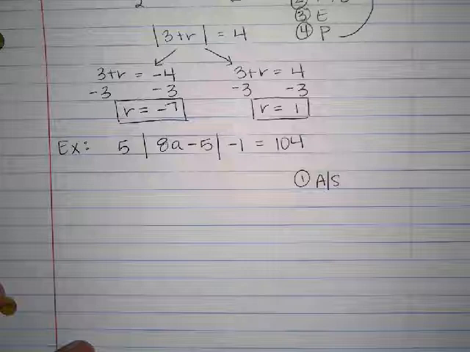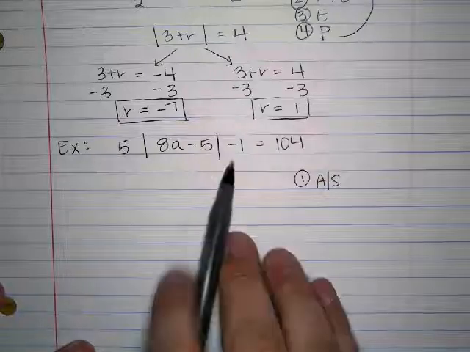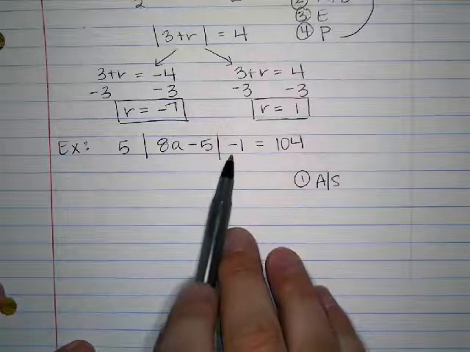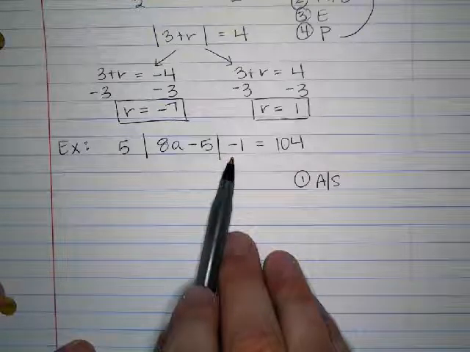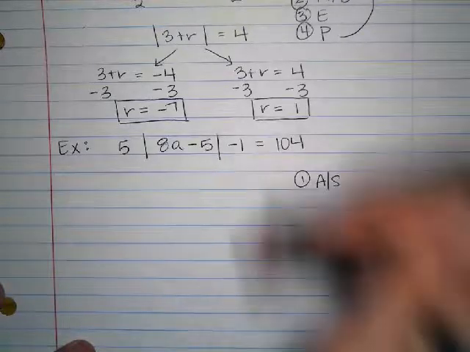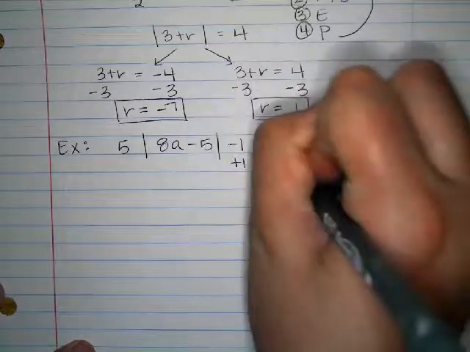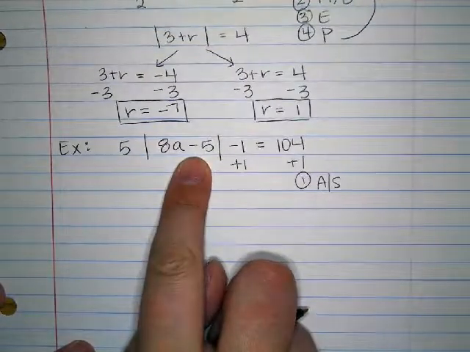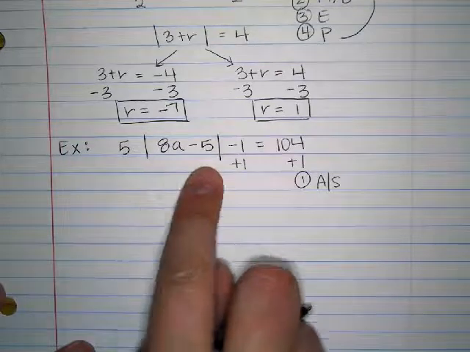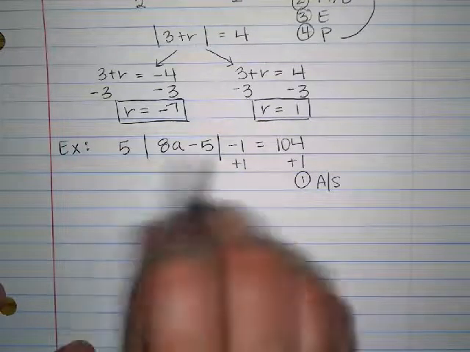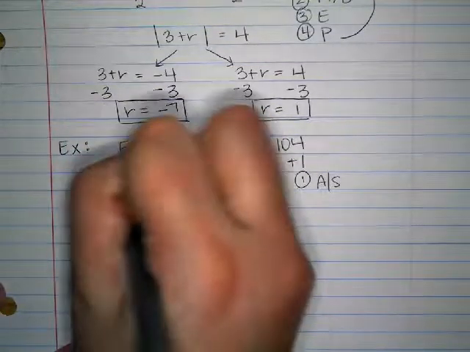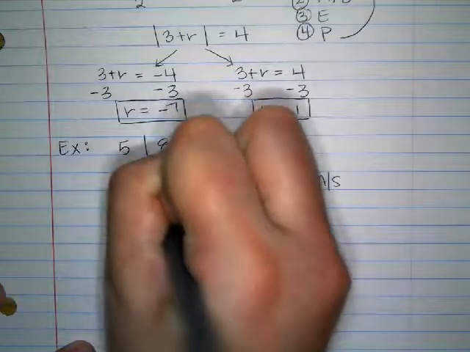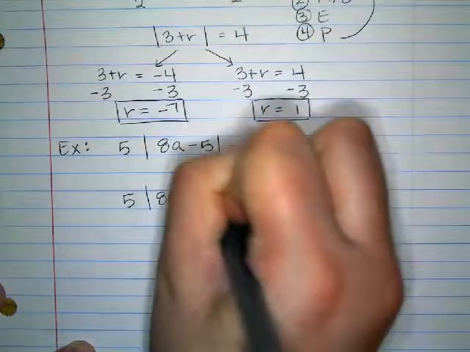Yeah, there's a -1, and I can move that. How do I move a -1? Add it, okay. Now, the -5 I couldn't move because it was protected by the absolute value symbols. Okay, so I've got 5 times the absolute value of 8a minus 5 equals 105.